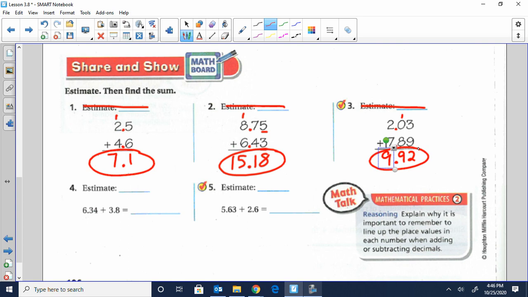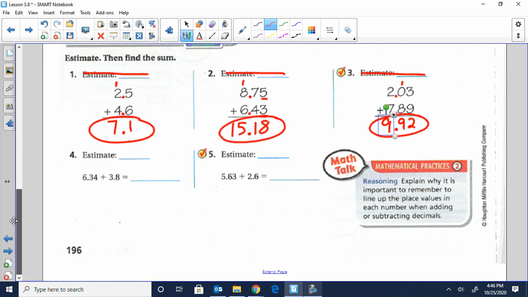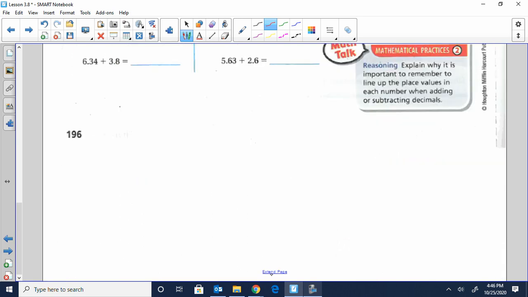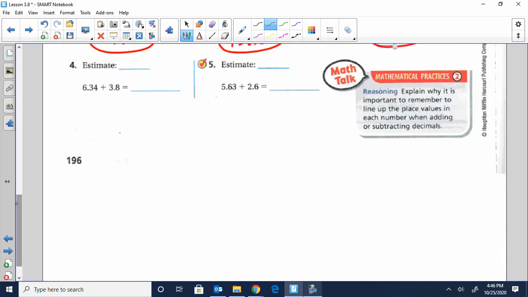So questions 1, 2, and 3 were already lined up for you. When you get to question number 4 here, again, we have to really make sure that we line our decimal points up. So we're going to go 6 and 34 hundredths first. Then we're going to place our decimal point directly below, and we're going to add 3 and 8 tenths.